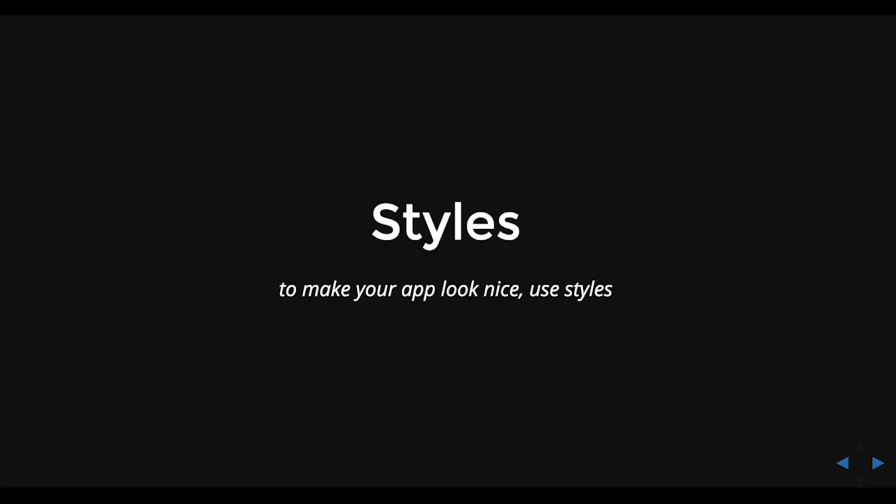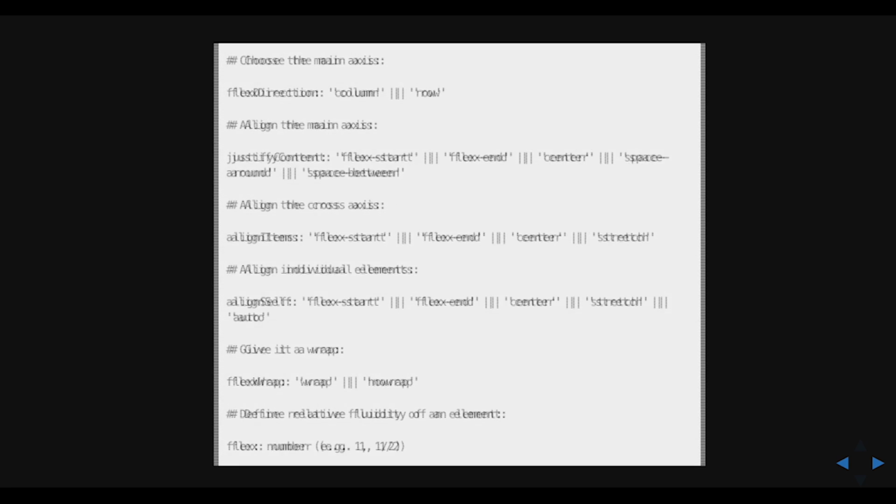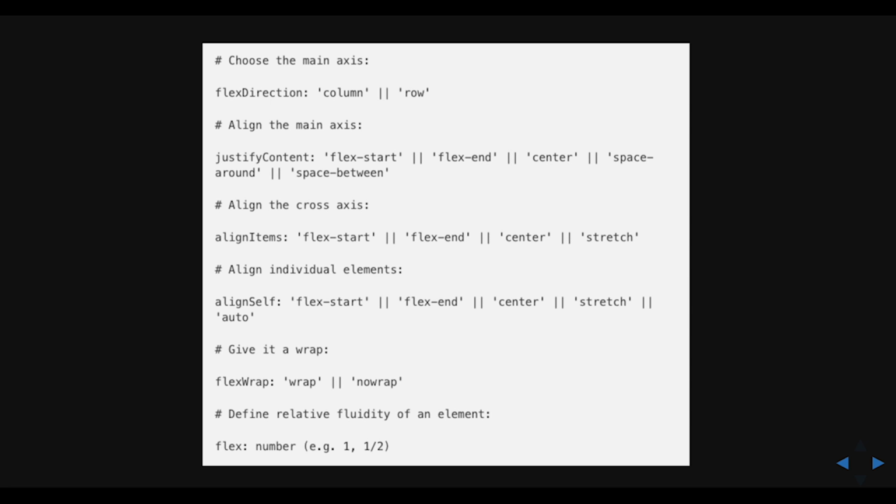And I'll let you know that there's a lot of styles in here. We're not going to cover all of them, but you will have them so you can go through and look at them later on. And here is a cheat sheet that we created for you guys about Flexbox. Since React Native uses Flexbox for layout, this is a great thing to take a look at, and this will kind of give you an idea of what's happening in the current application.